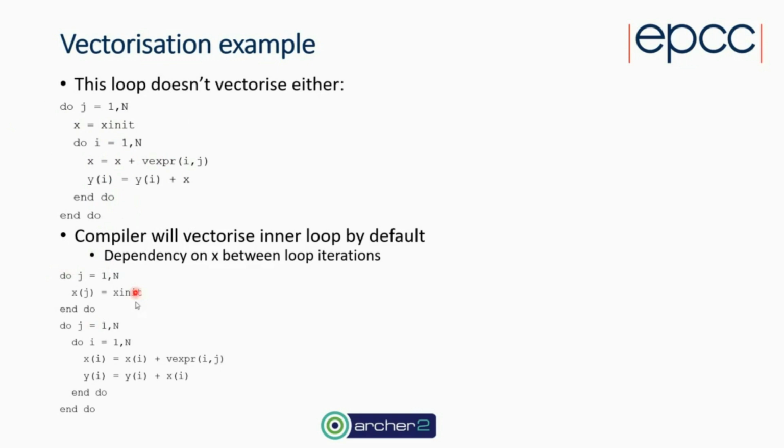And so we can restructure that code to say, okay, let's take the x away from being a scalar variable and turn it into an array, and then I can initialize x in a certain way, and I can then restructure my loop so that I reuse that x that I've turned into an array, and now it's not a dependency between loop iterations.